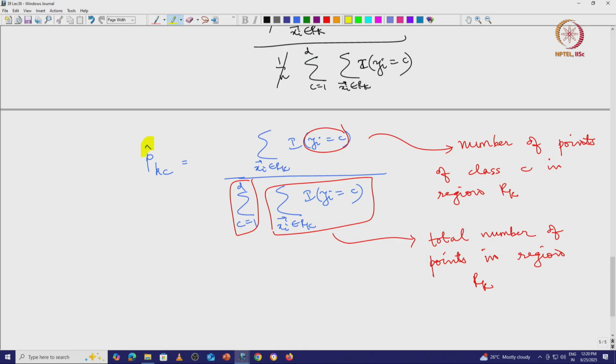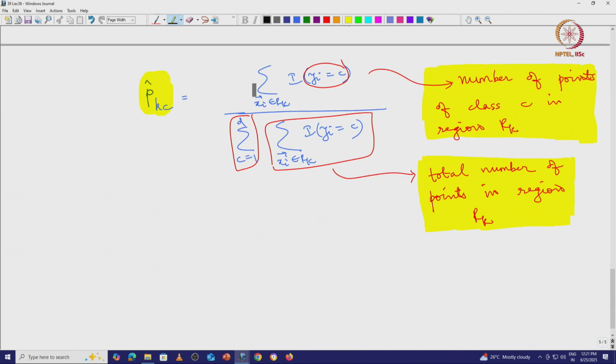You get that p hat kc, the optimal probability prediction of class C in region K, is simply the number of points of class C in region K divided by the total number of points in region Rk. So it is like a majority vote, you just see which class forms the majority class in region K, and then you just predict the probabilities according to that. So larger number of points of class C in region K, that particular class will get a higher probability assigned.